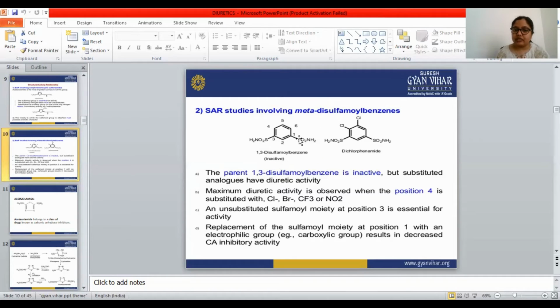If we replace this sulfonyl group with a carboxyl group, it decreases the carbonic anhydrase inhibition. And if we introduce a chloride group, bromide group, or CF3 group at position 4, it shows the maximum diuretic activity. So these are the important parts of the SAR of these two categories.